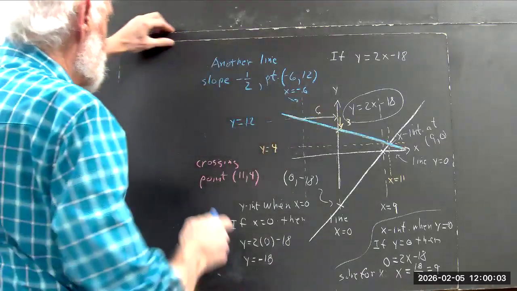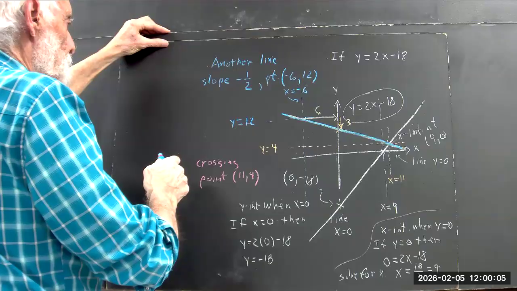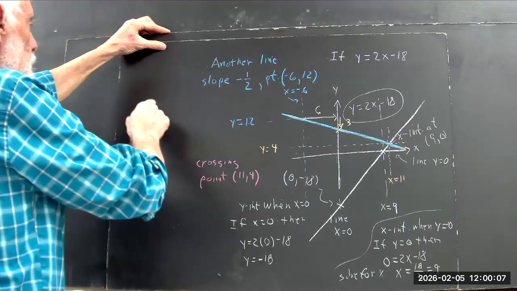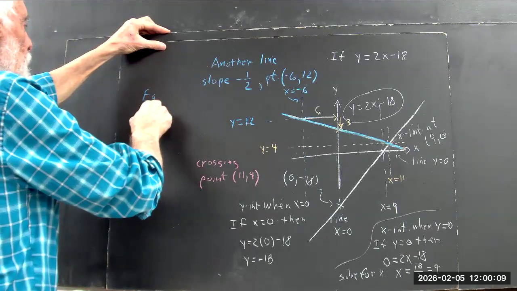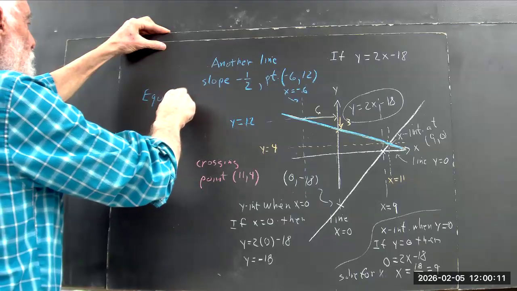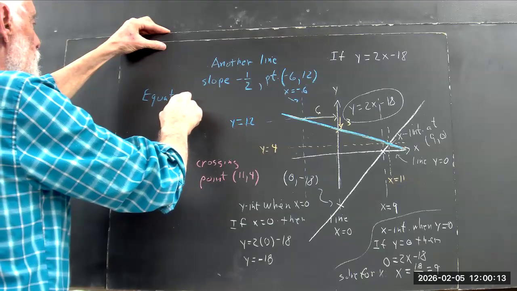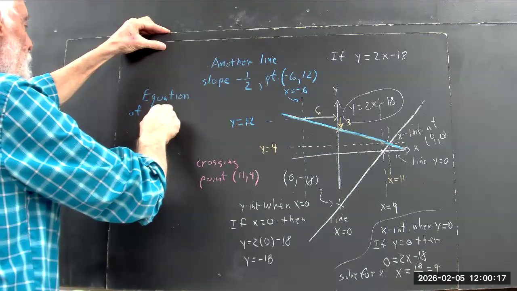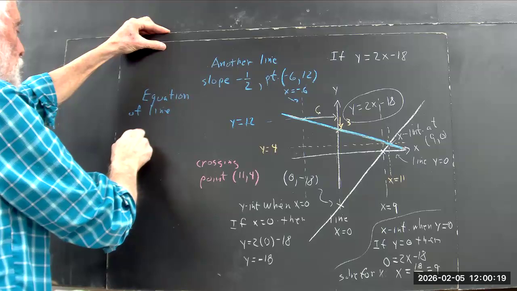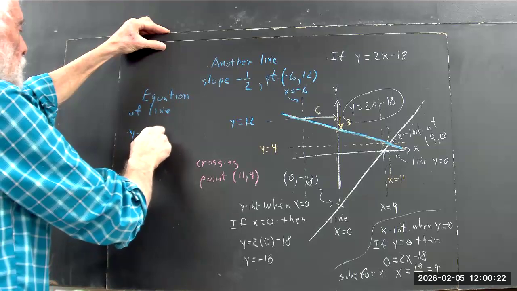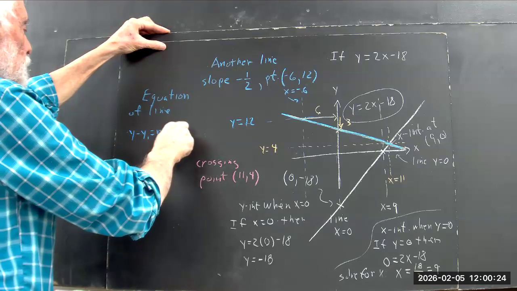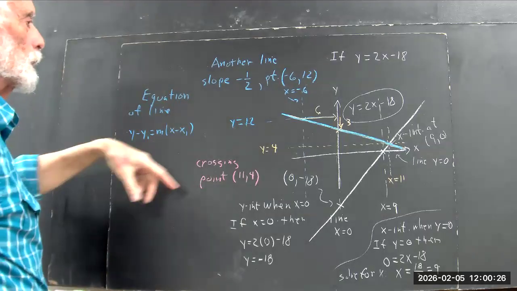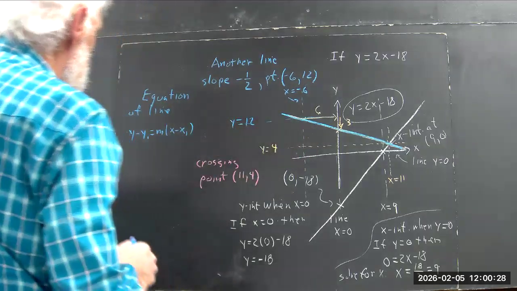But the equation of the line, if you use the point-slope formula, y minus y1 equals m times x minus x1, you pretty quickly get an equation for this line.